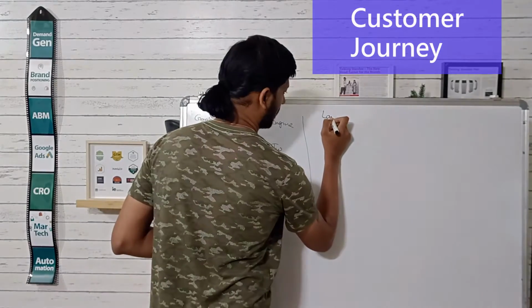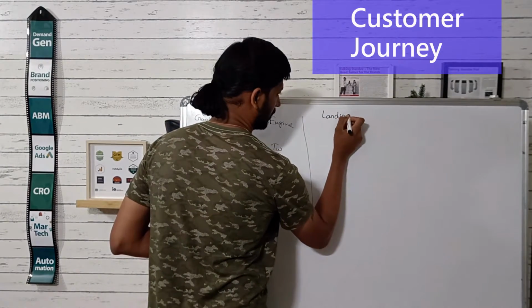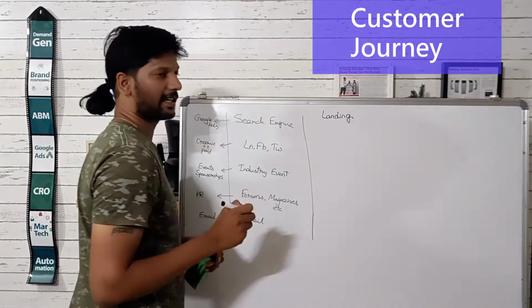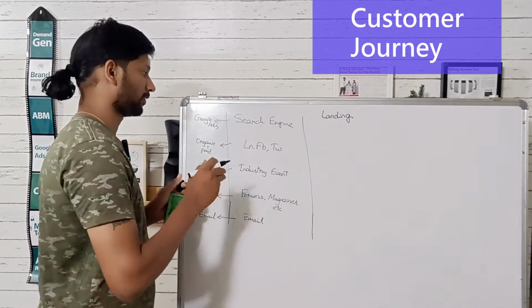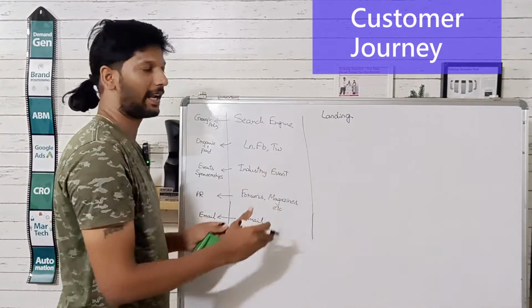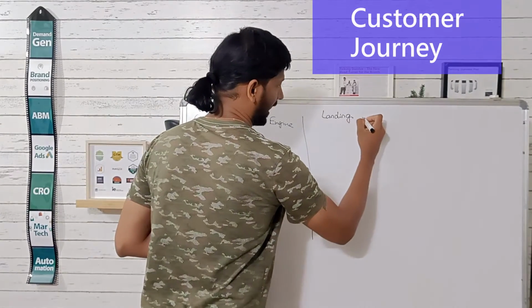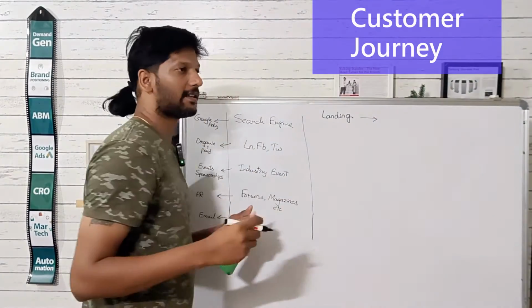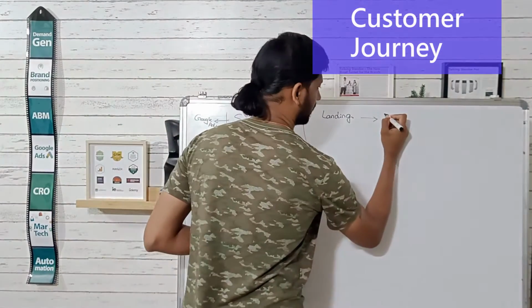So for now, let's say it's a landing page on a specific product or in a specific context. So here is a landing page. This is a conversion: you have successfully got the attention and made them come to your landing page. And from the landing page, you will ask them for a kind of micro commitment.